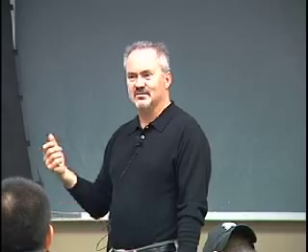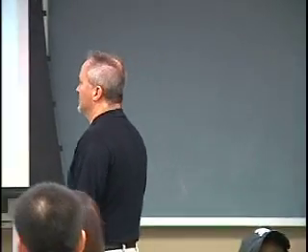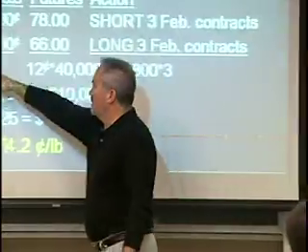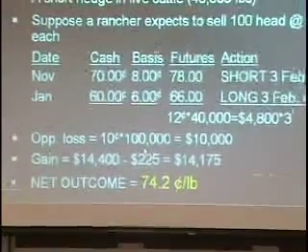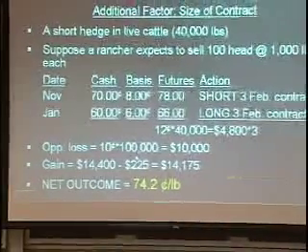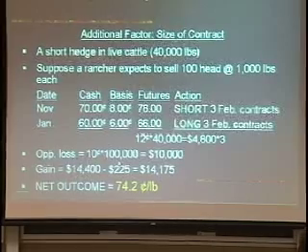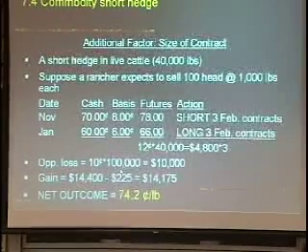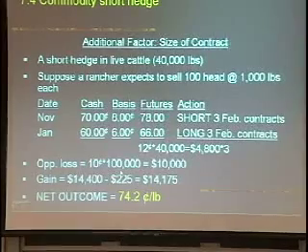Cash price, 60 cents a pound. So you get 60 cents a pound when you market them. And you can call your broker at the same time and buy back those contracts, so you reverse your position. Then the next day you check your bank account and see how much money your broker has wired into your account as a result of this hedge.